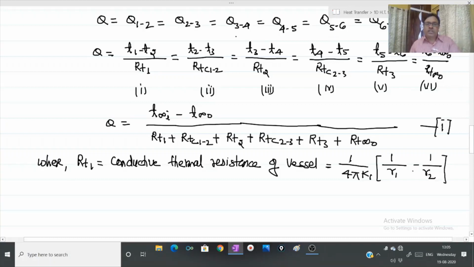This formula is given in the heat transfer data book. No need to mug it up. Only thing, you must know how to use it.